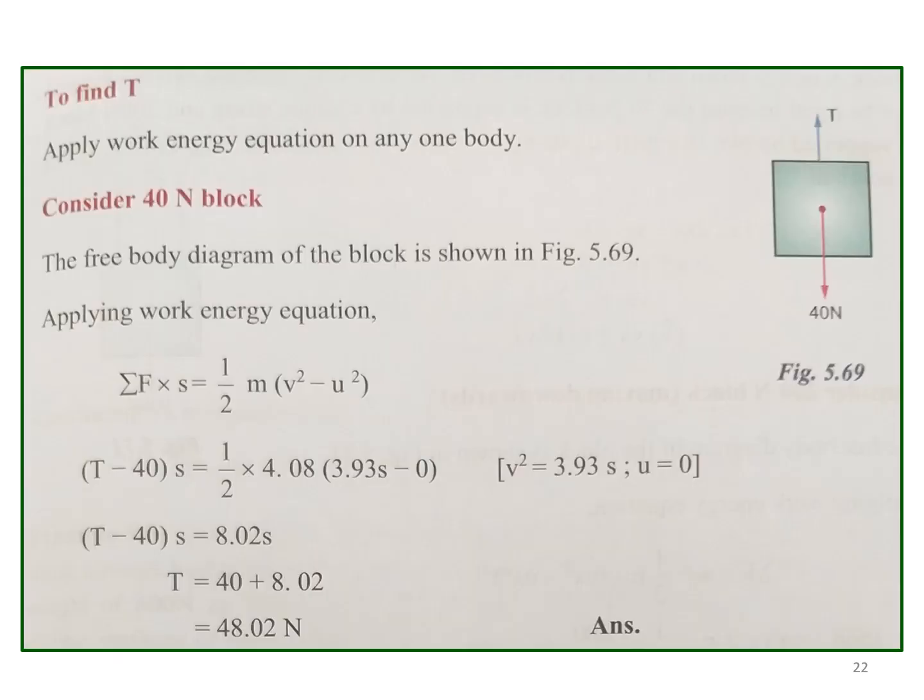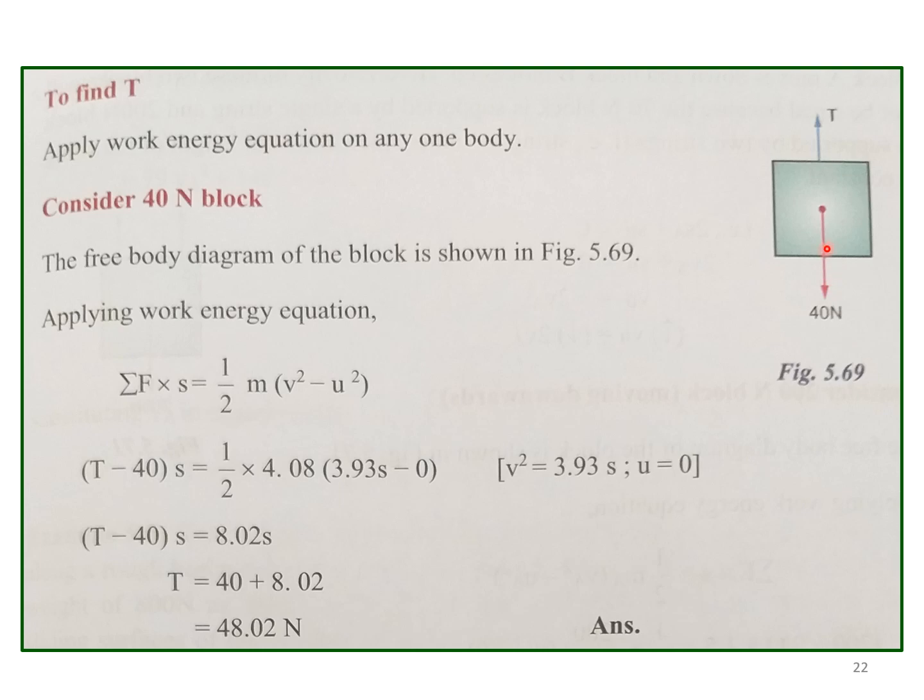Now in order to find the tension in the string, you have to apply the work energy equation on any one body. I am considering here the 40 Newton block, and this is its free body diagram. Now I apply the work energy equation for this block. Again, we calculate the net force in the direction of the motion.